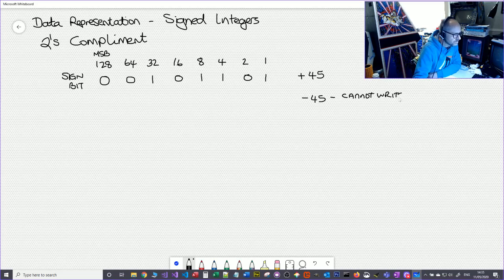That's what I must say to myself. So we don't know how to write negative numbers. There is a way of doing it, but I'm not going to teach you because it's complicated. If you want to know how to directly write them down, go and look it up.